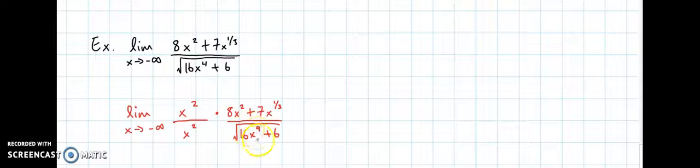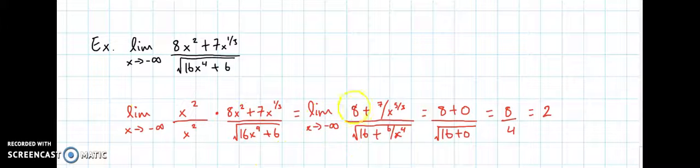But since this is also in the denominator, we would make this x to the power of negative 2. So to divide by x to the power of 2, we can multiply x to the power of negative 2 to both the top and the bottom.